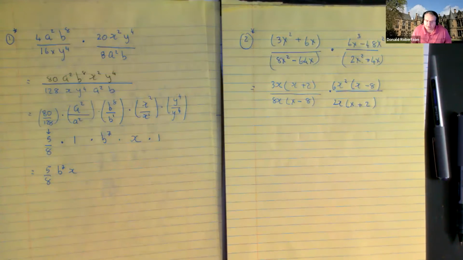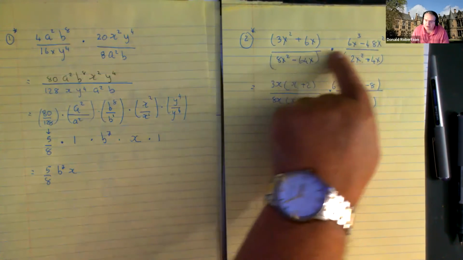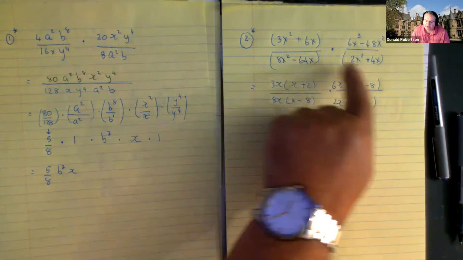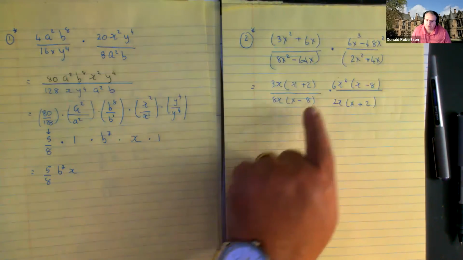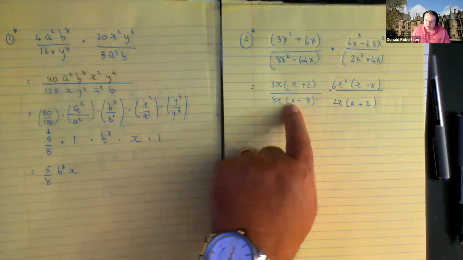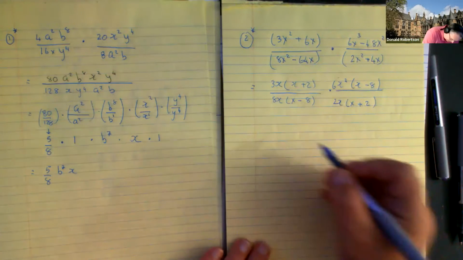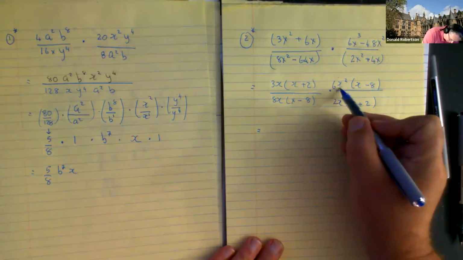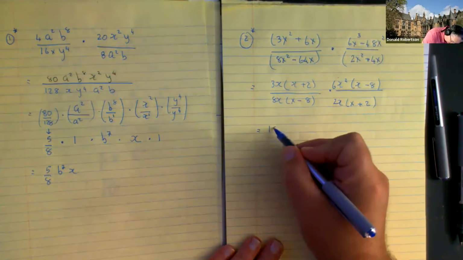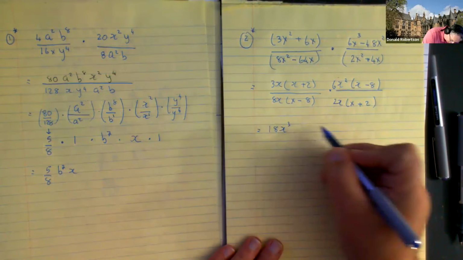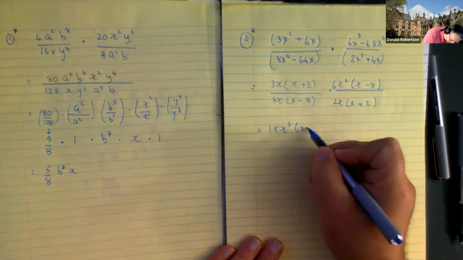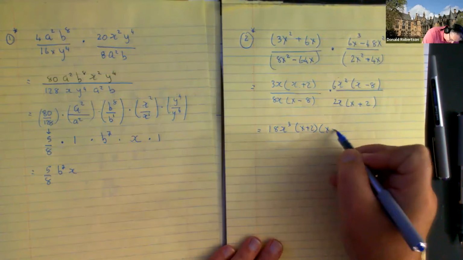And so you should, in these questions that contain multiple powers of x, polynomials, factor the top and factor the bottom. Then you can combine them. If you multiply these two together, you will get 18x cubed, and then an x plus 2 and an x minus 8.